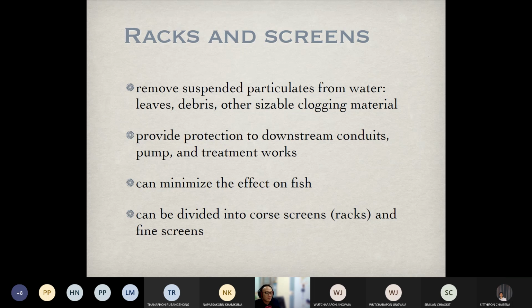This probably is the very first unit operation we use in the water treatment system. This will help us provide protection to the downstream conduit, pumps, and other treatment facilities, and also can minimize the effects on fish.